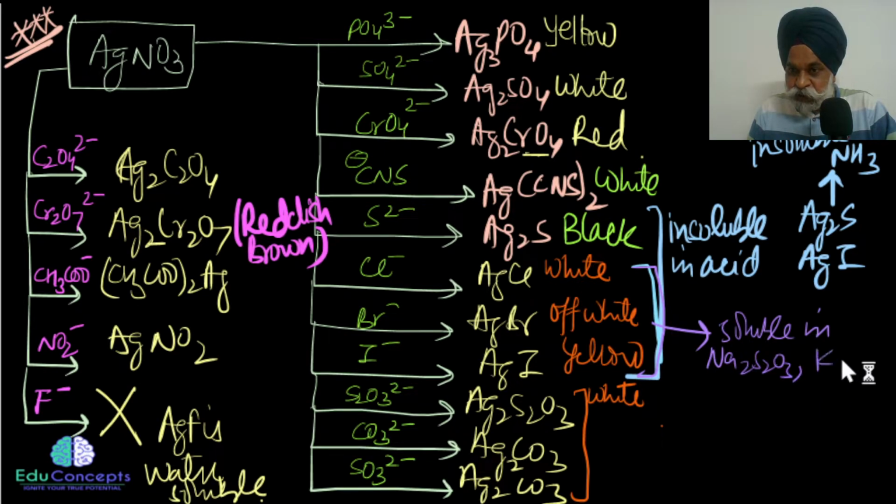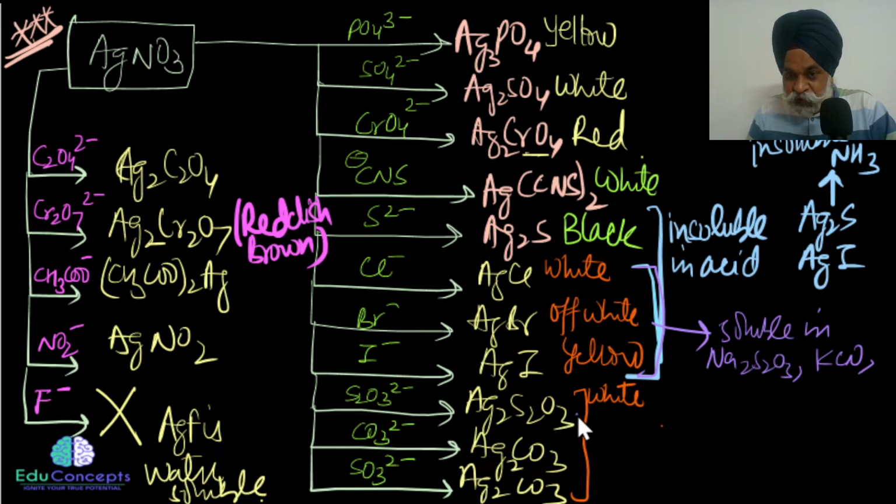They are soluble in KCN, but not exactly soluble in ammonia. Only AgCl is soluble in ammonia. So I am going to mark this in the next slide as well. From that point of view, it is quite important.